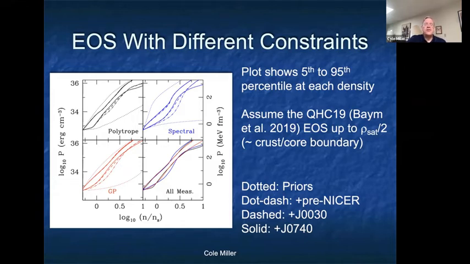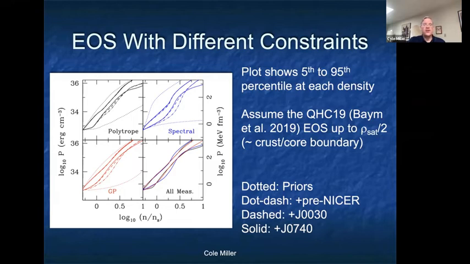To explain what's going on, note that the normal thing that is done, that we also do, is to assume that we actually know the equation of state up to some threshold density. The threshold density we choose is half of nuclear saturation, because this is roughly the boundary between the crust and the core.